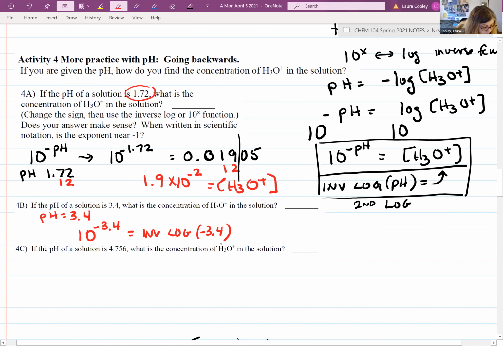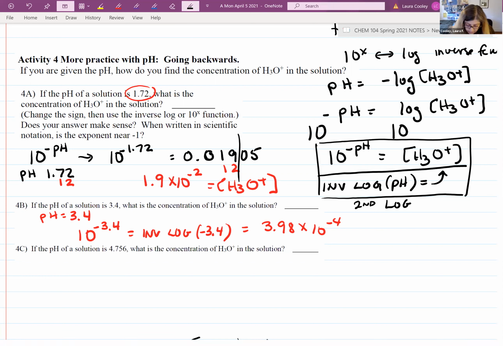And this comes out to 3.98 times 10 to the negative fourth. But how many sig figs do I get to keep here? Not 2.